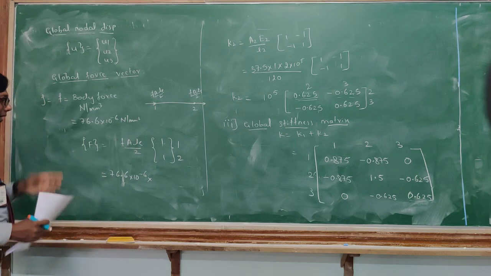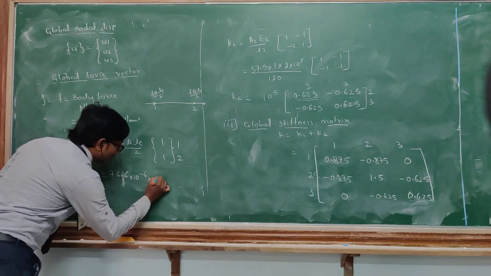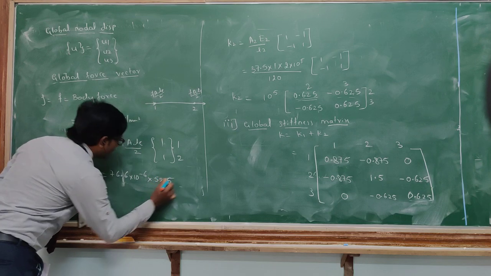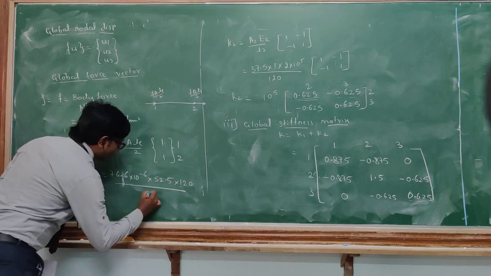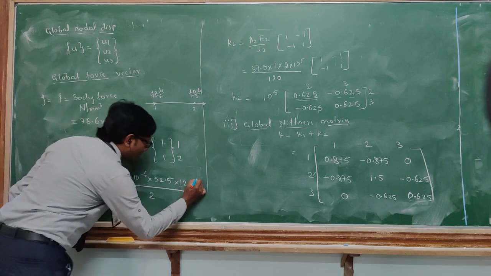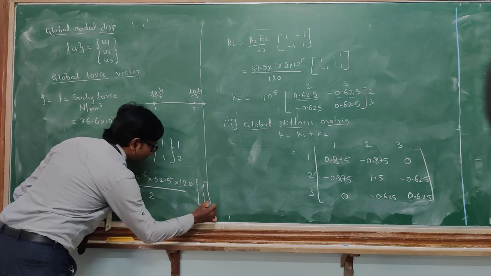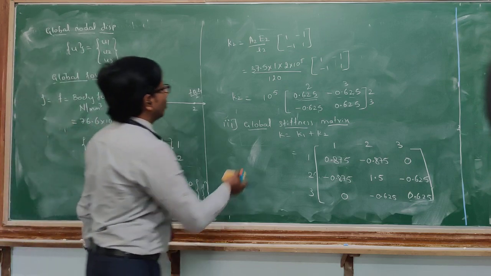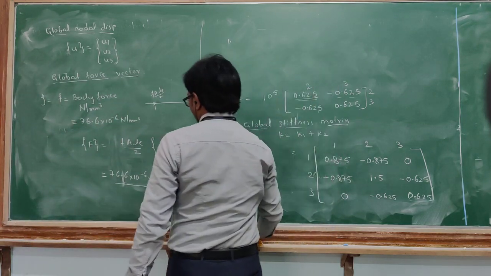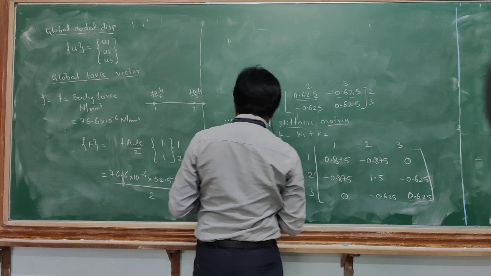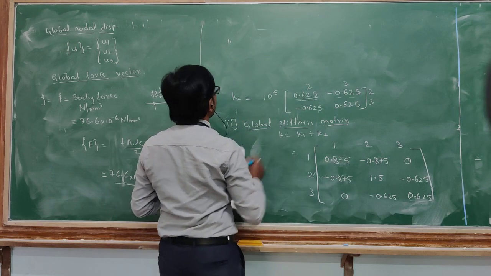That element area is width into thickness, 52.5 into 120 divided by 2, and this will be 1 1. So you will be getting this value as 0.241.